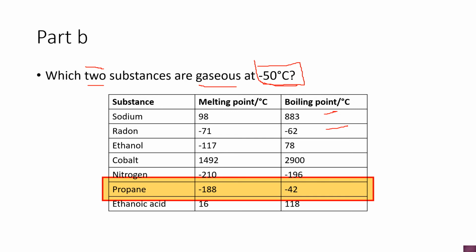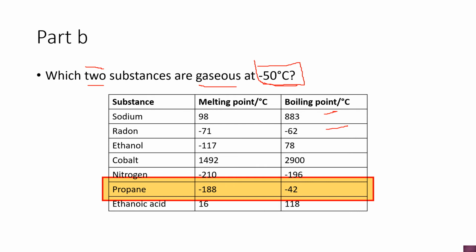So we have to assume that as minus 62 is somewhat near to the minus 50, at minus 50 as the liquid is getting heated, some of the substance is a gas.